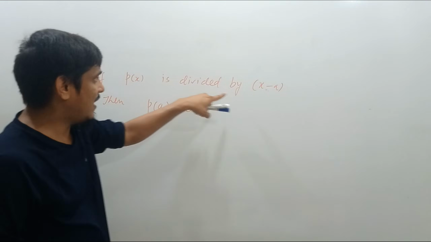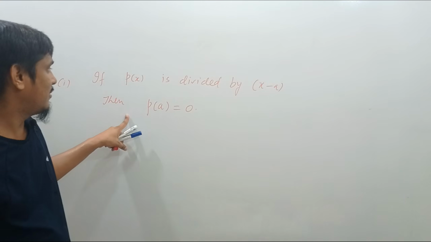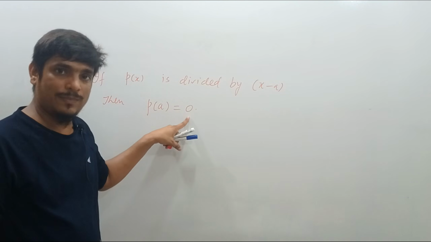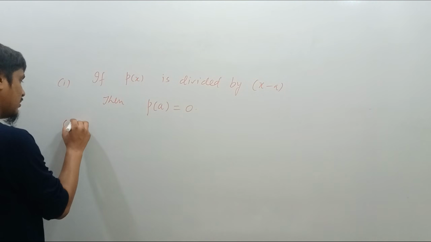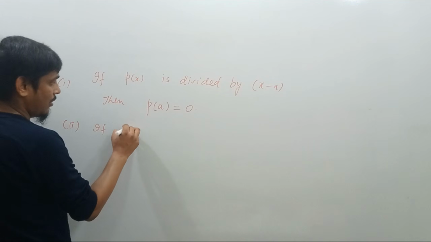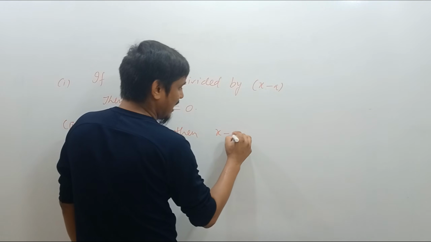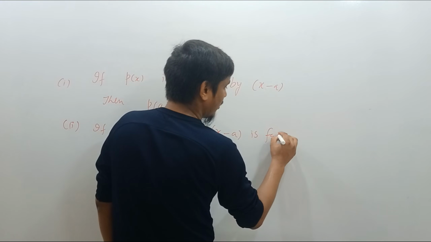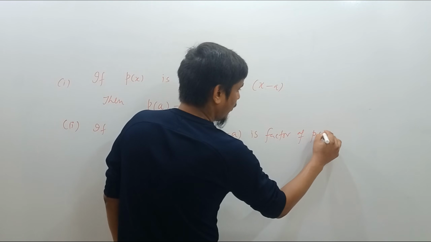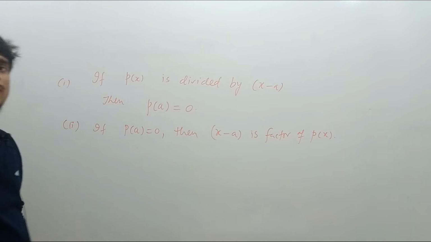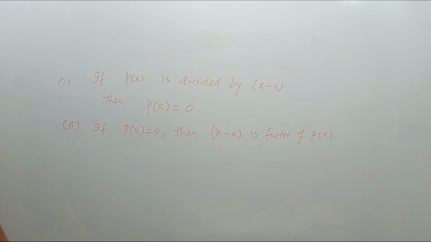If p(x) is divided by x minus a, then the value of the polynomial at a will be 0. And the second part is if p(a) is 0, then x minus a is a factor of polynomial p(x).